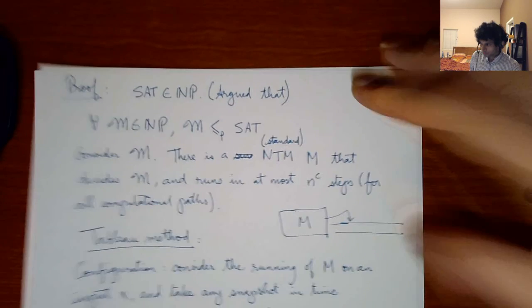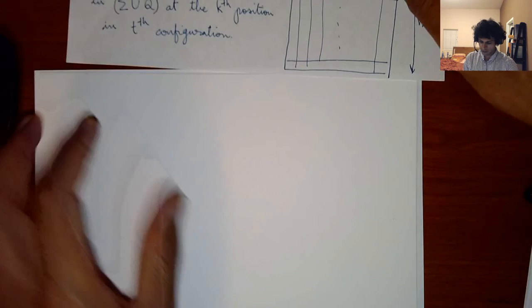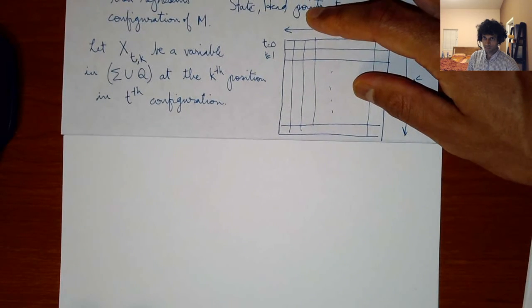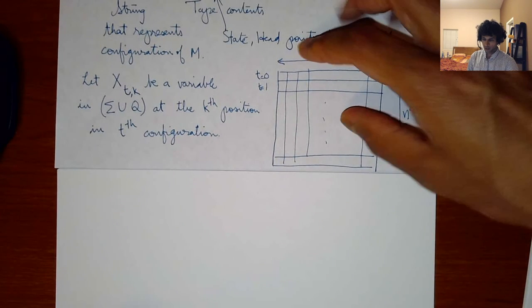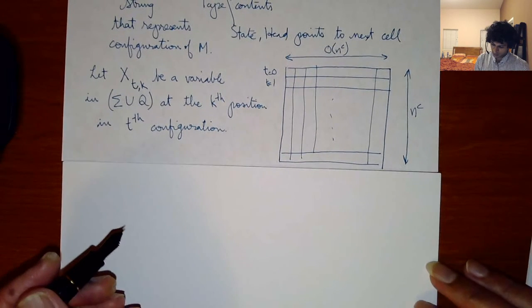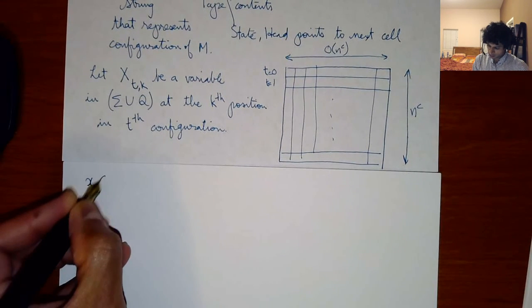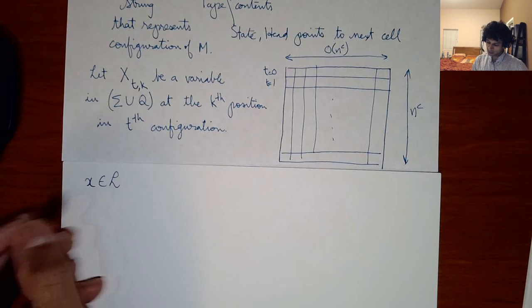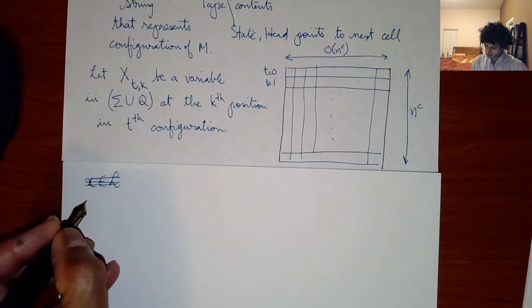Okay, now I'm going to write something, and then we can discuss, and hopefully it'll make sense. So I'll say x is in the language, because now I have to do the reduction. The language was M, right?